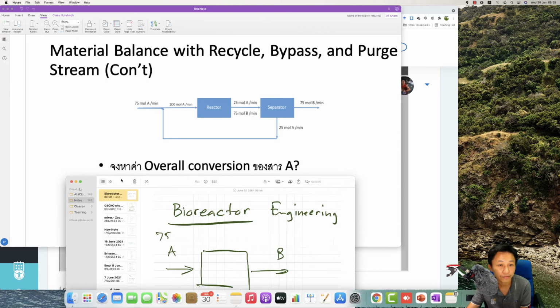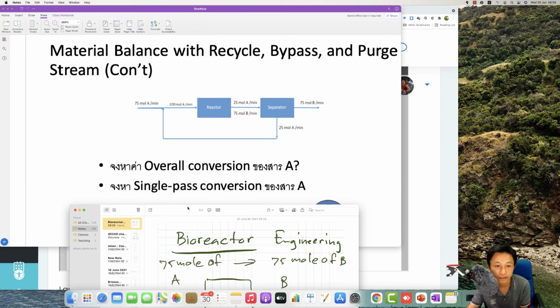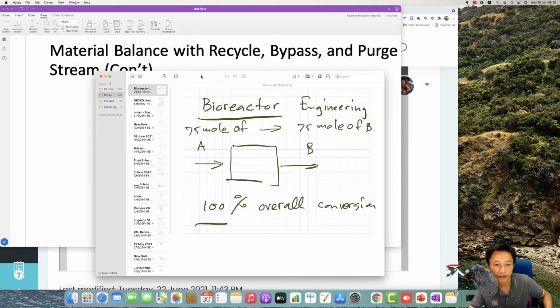So the overall conversion is everything around here, and then you have 75 to 75. But for the single pass, this one, you only have 75 mole of B from your reactor, but you have 100 mole of A. So this single pass is only 75%.